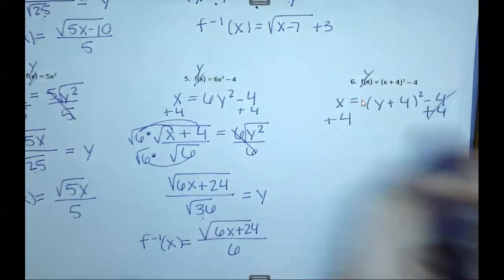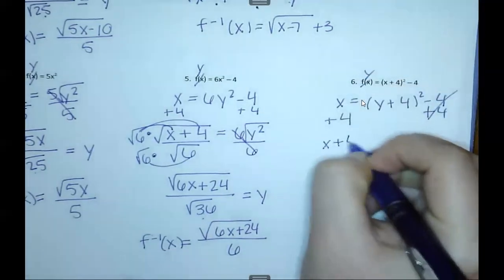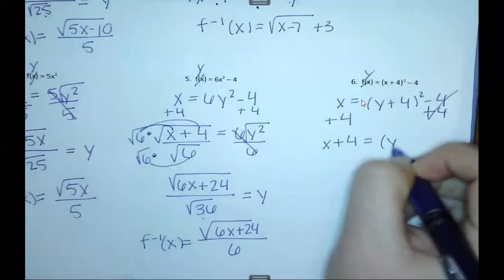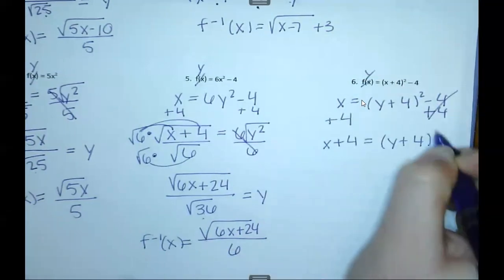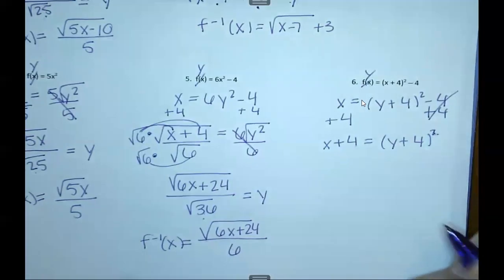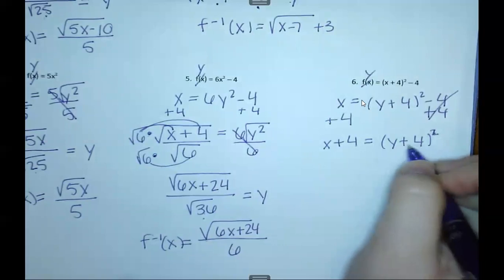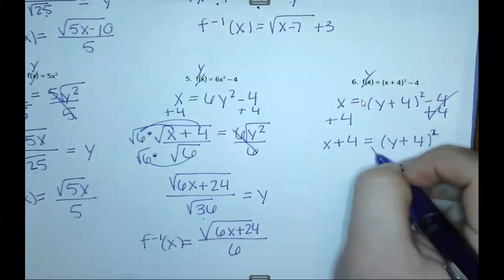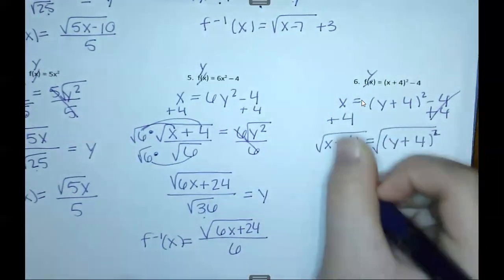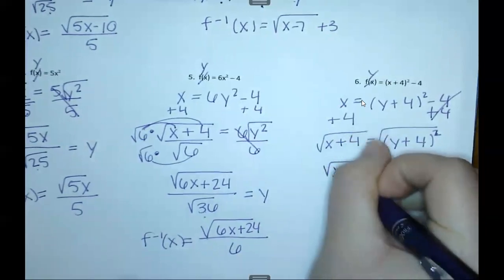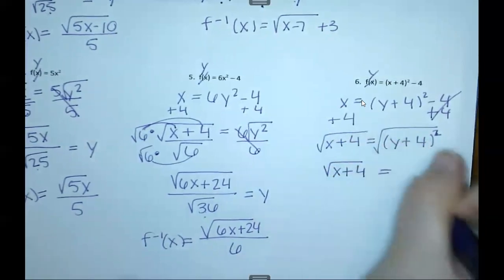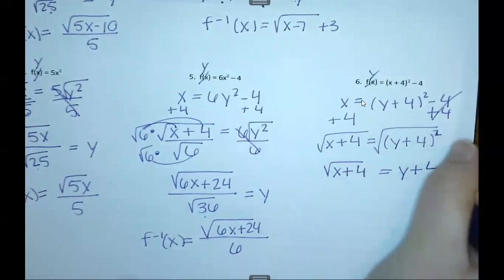So now I'm going to have x plus 4 equals y plus 4 squared. All right, so now I cannot move anything in here until I get rid of that square, so I take the square root of both sides.